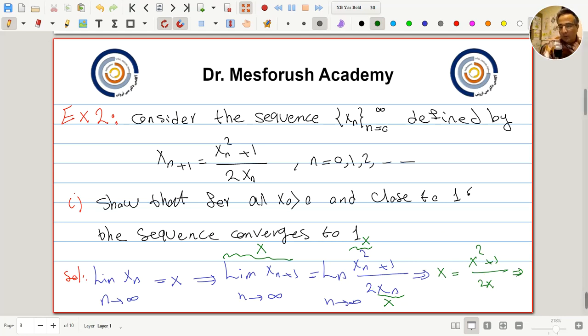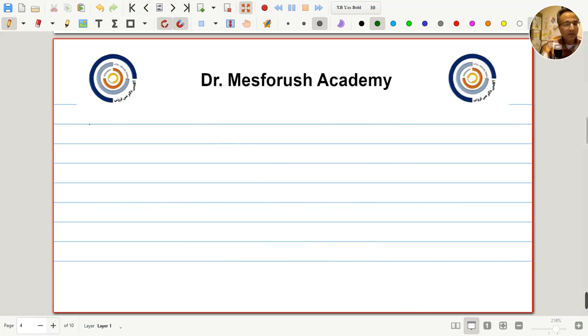It is 2x squared equal to x squared plus 1, so x squared equal to 1, and x equal to 1. In fact, it's plus and minus 1, but the minus is not acceptable, and just x equal to 1 is the solution.